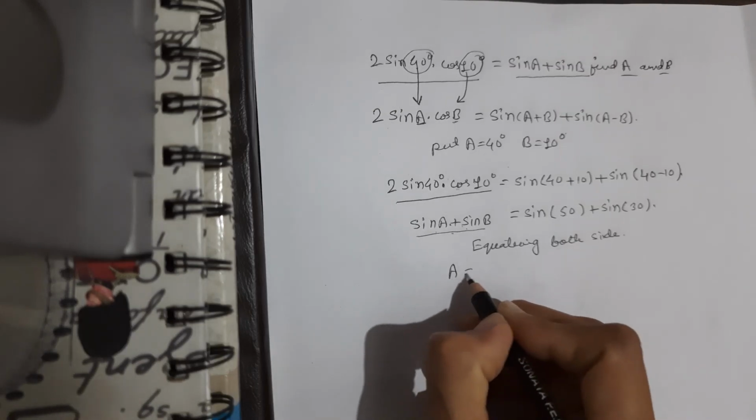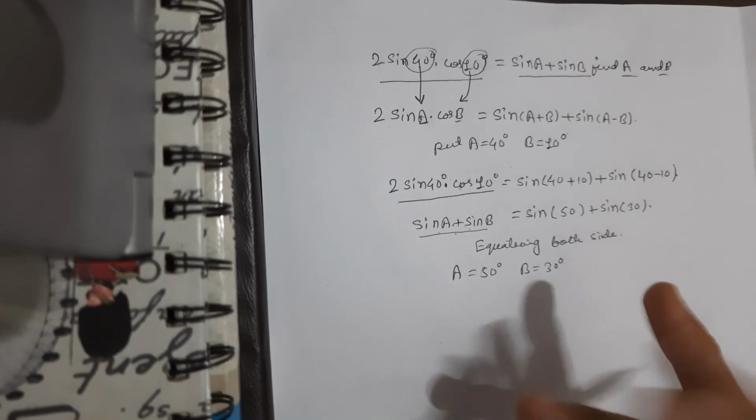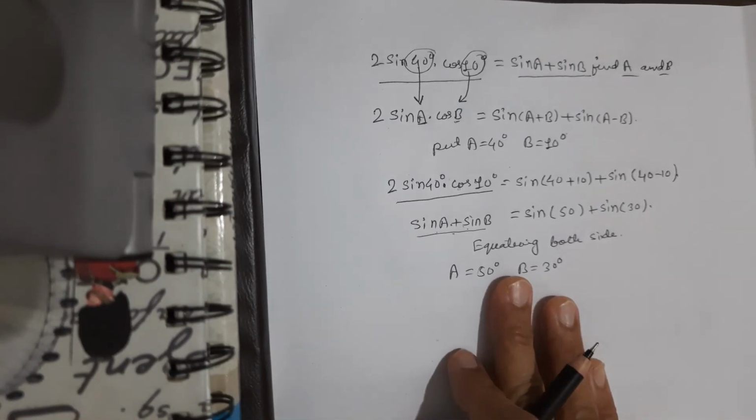I get A equal to 50 and B equal to 30, or you can flip this also. So A I got as 50 degree and B I got as 30 degree.